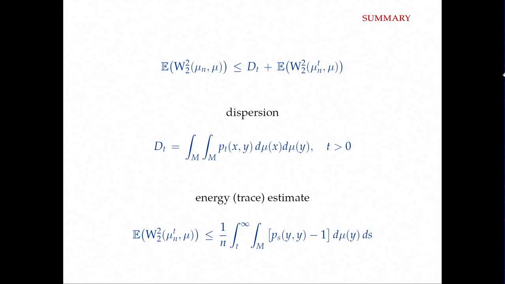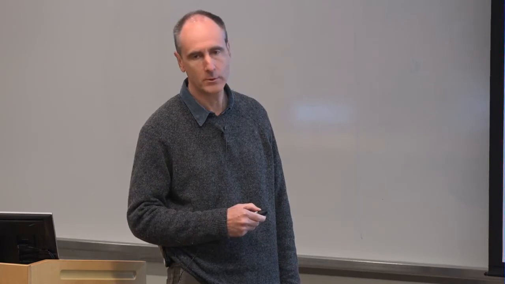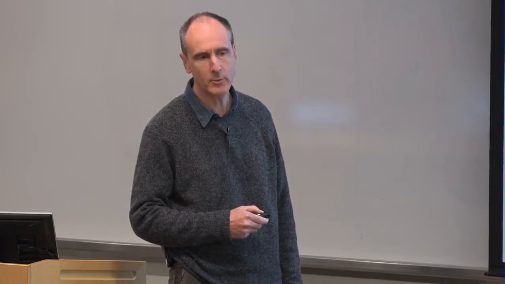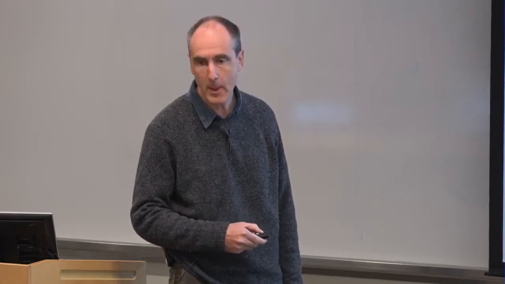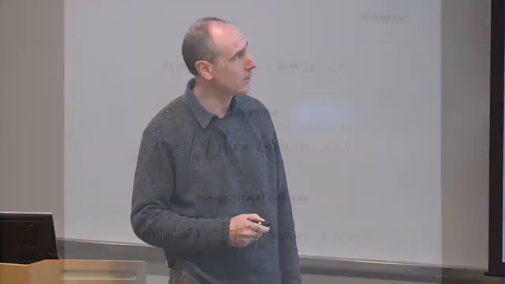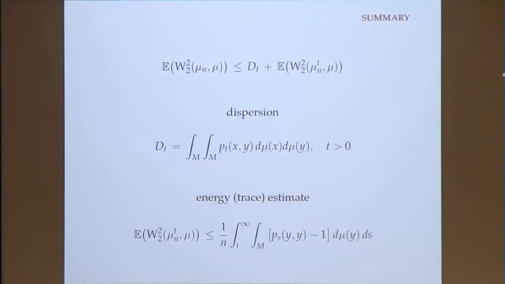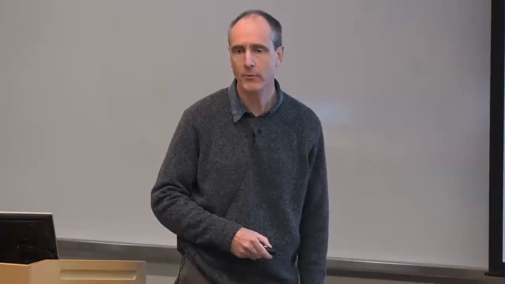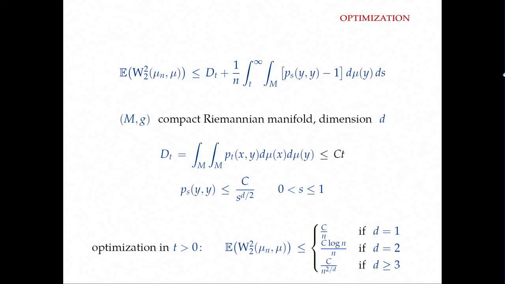We were able to control this expectation of W2 in terms of the dispersion, which is coming from the regularization property, and this second term here, which is upper bounded by this trace formula in terms of the heat kernel. Okay? So that's another way to write the result.